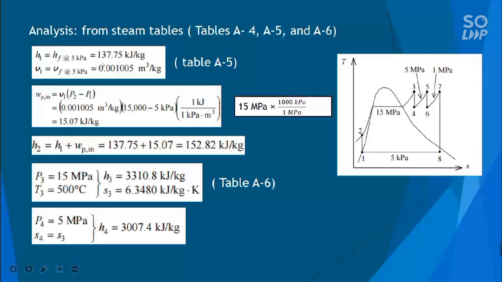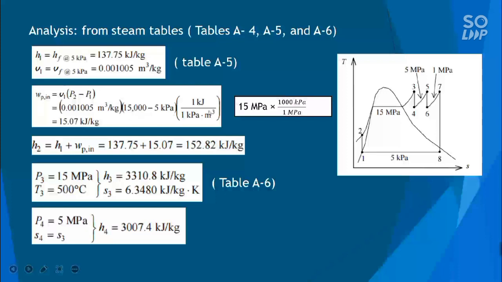We have 137.75 kilojoule per kilogram, and our specific volume for saturated liquid at 5 kilopascal is equal to 0.001005 cubic meter per kilogram. This can be seen in table 5. And for our network input, we have the specific volume multiplied by the difference between the final pressure and the initial pressure. So we have 0.001005 cubic meter per kilogram multiplied by the quantity of 15,000 minus 5 kilopascal.